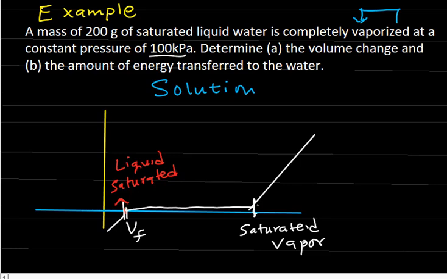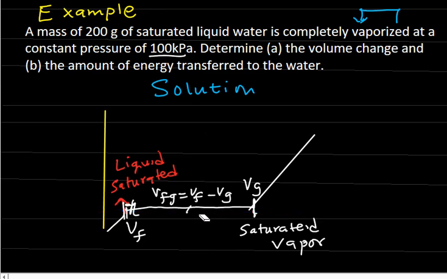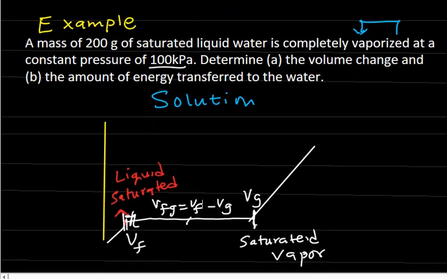At this point, the specific volume is Vg. So between this point and this point, there's the difference. So Vfg is the difference between them when you are in between, once it is in between. So let's go straight to what we are looking for.